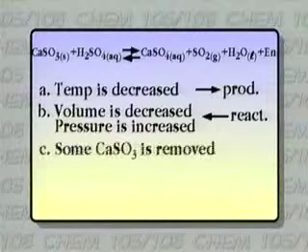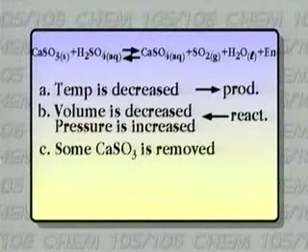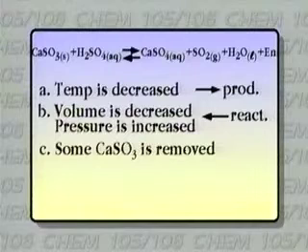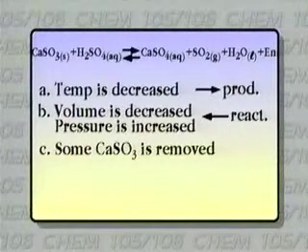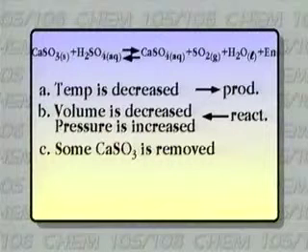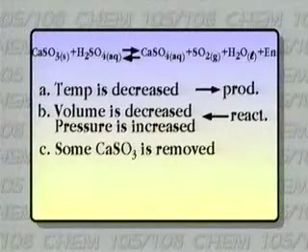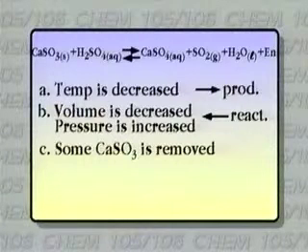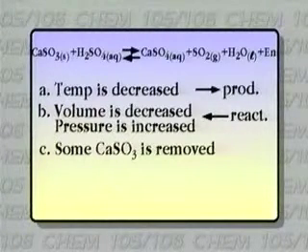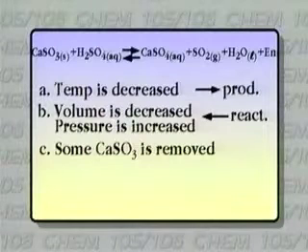Let's look at the next one. All right, if we remove some calcium sulfite now in the process, we're removing a solid. Keep in mind that if we're affecting equilibrium, we should be affecting the equilibrium expression. Do we include solids in an equilibrium expression?